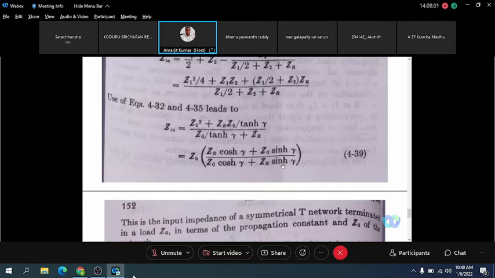This is the input impedance of a symmetrical T network terminated in the load impedance ZR. Did you get it or not? So this is in terms of characteristic impedance and propagation constant.